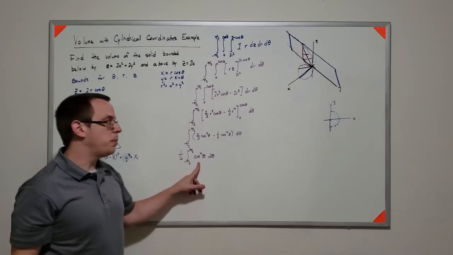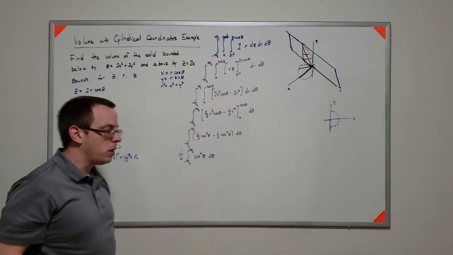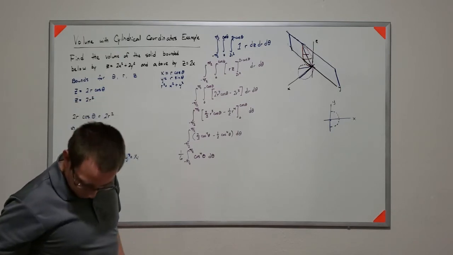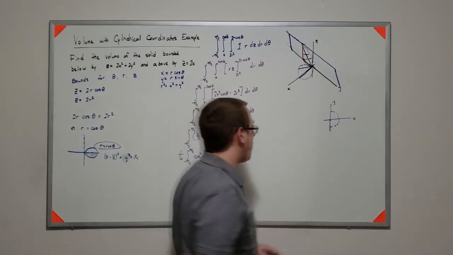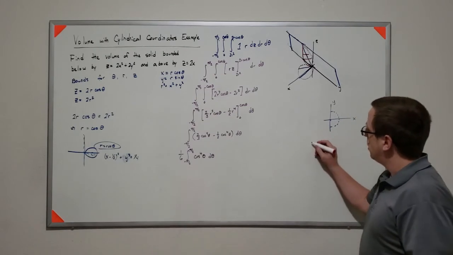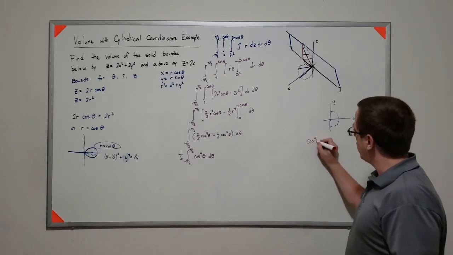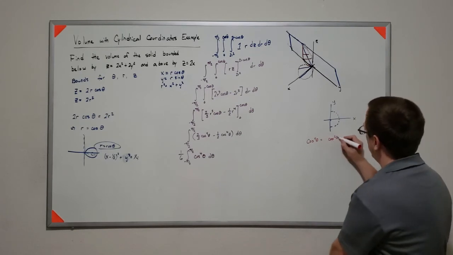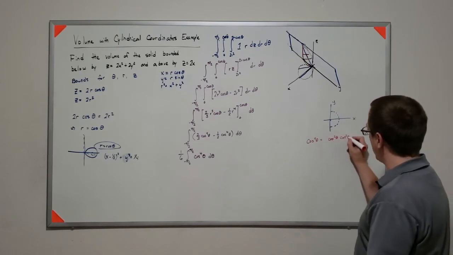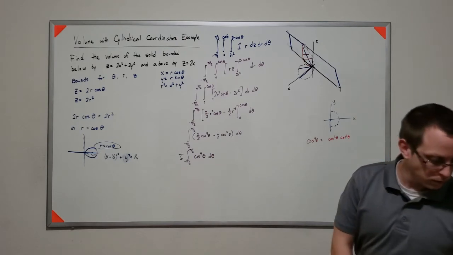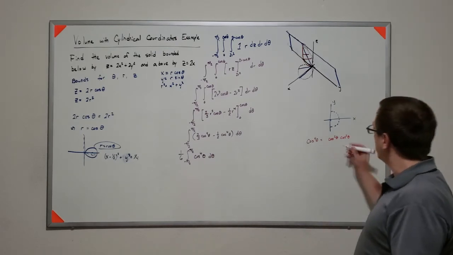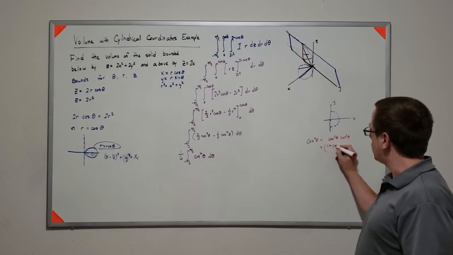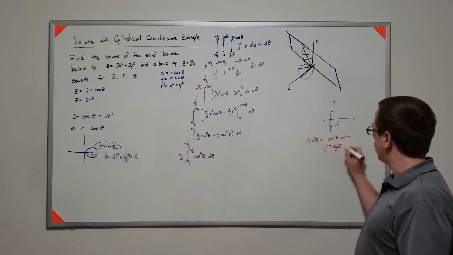So we need to use the expansion here. So let's go over to the side and do the expansion real quick. Cosine of the fourth theta is cosine squared theta times cosine squared theta. And cosine squared theta is 1 plus cosine 2 theta over 2.